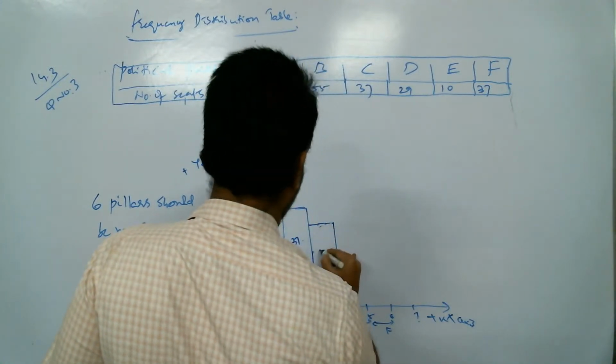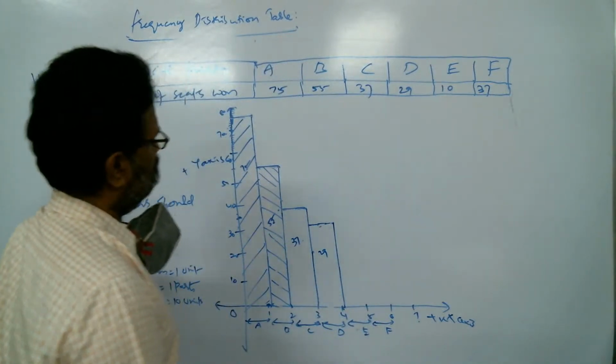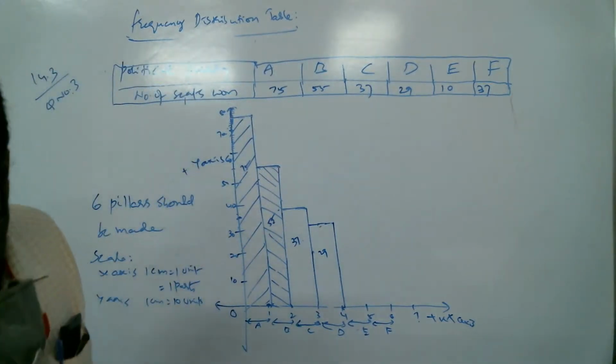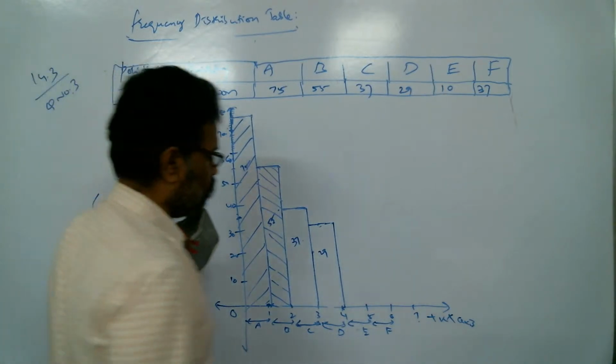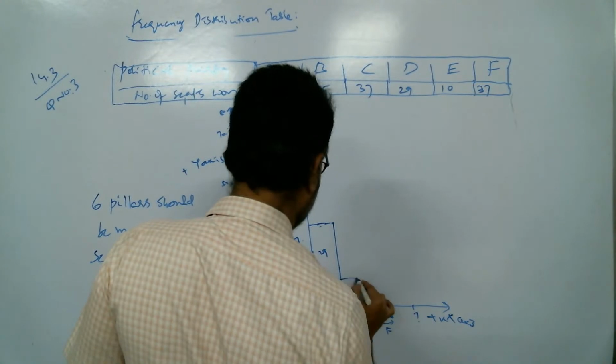This is D. This is 29. Right? Next, E is 10. This is E. 10 is exactly here only. It is perfect.